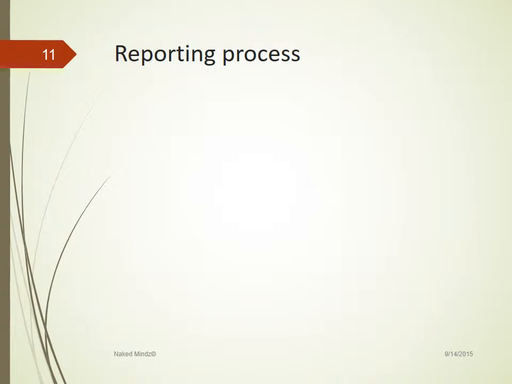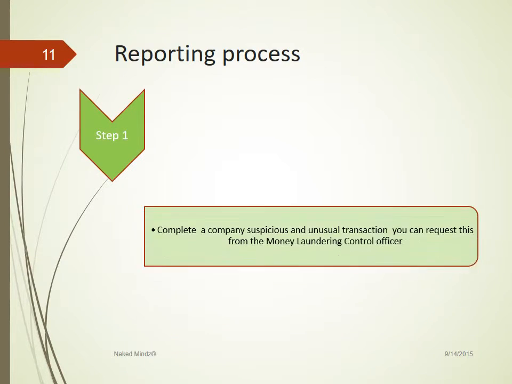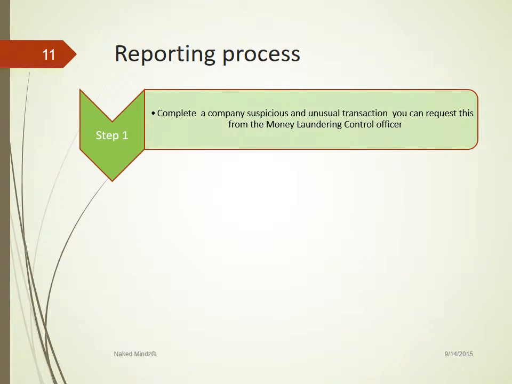When you are reporting, it is best to put as much information as possible on your forms, because your compliance officers or your money laundering reporting officers are going to have to look at this suspicious transaction. They need to know as much as possible. Normally you do have forms which most companies keep for such reports. These can normally be got from your money laundering control officers or from your compliance officers.